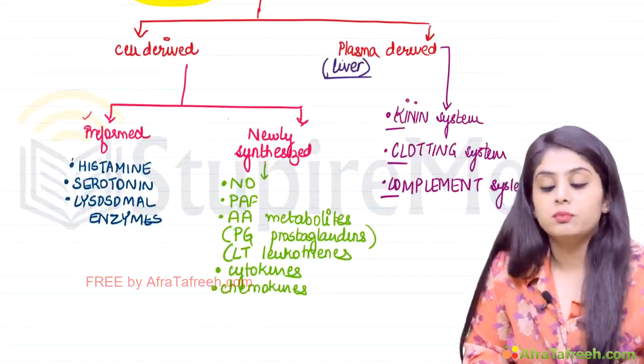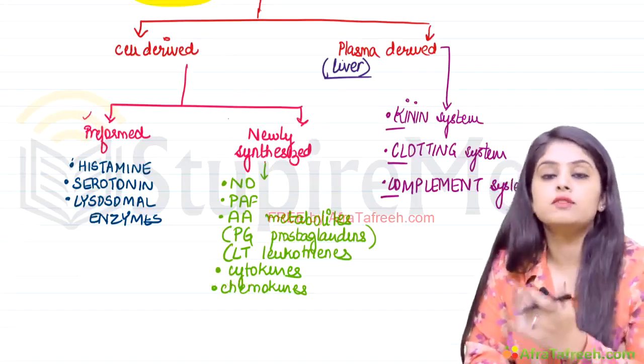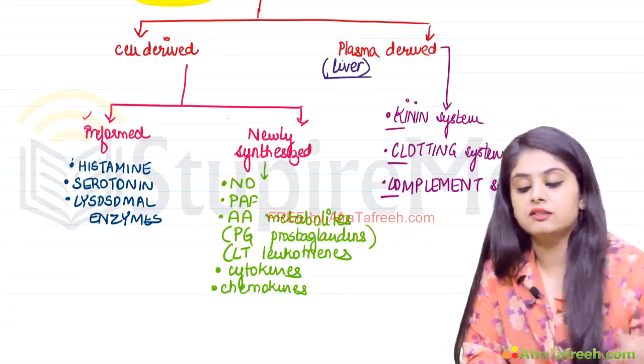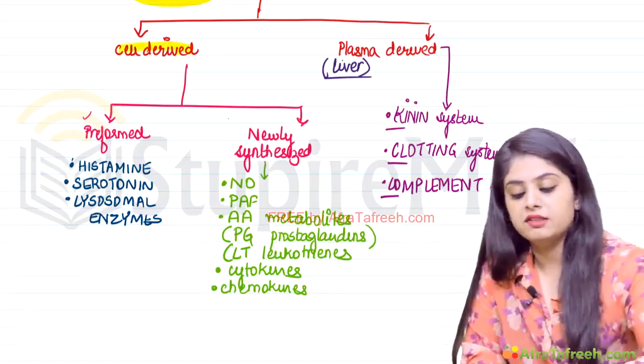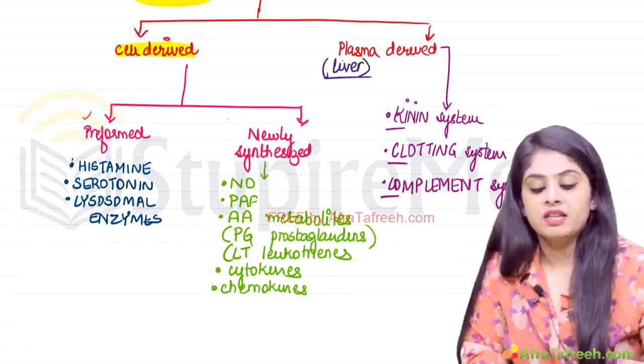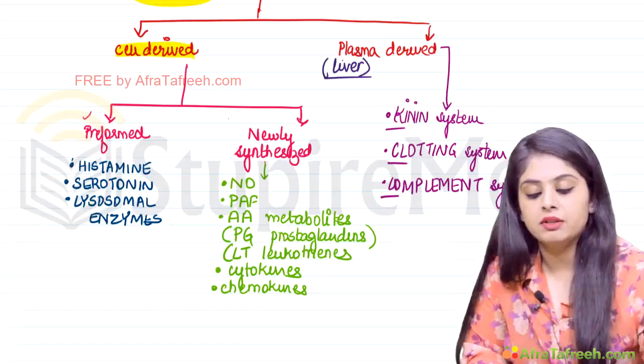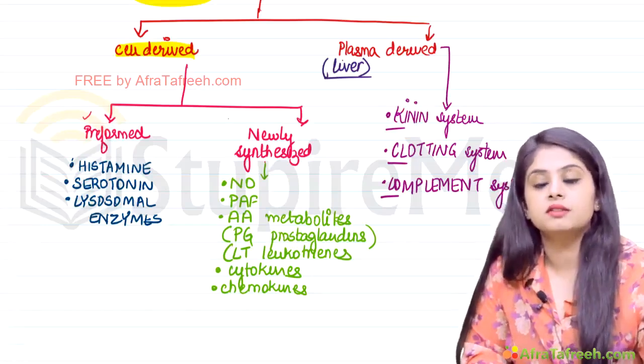To simplify and to memorize this table by getting back to it again and again, this is the same order in which we are going to discuss all of these mediators. So first I'll start with the cell-derived category. Under cell-derived, I'm going to take up the preformed mediators.